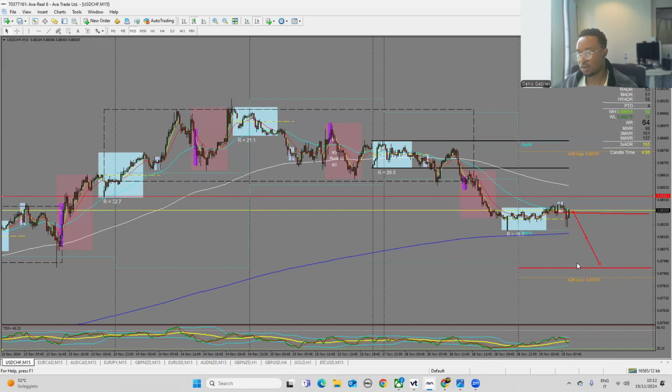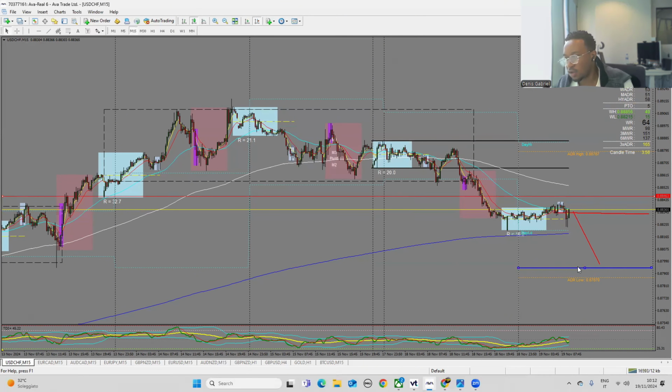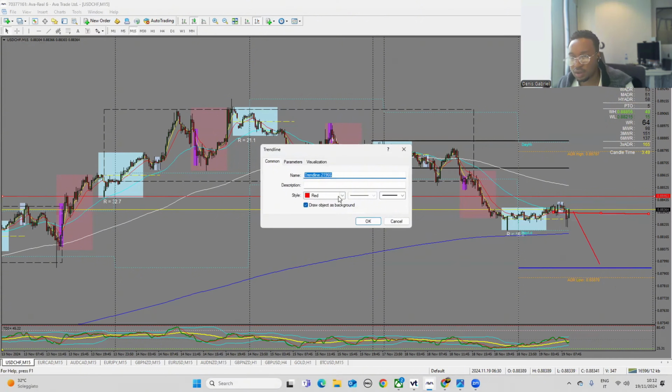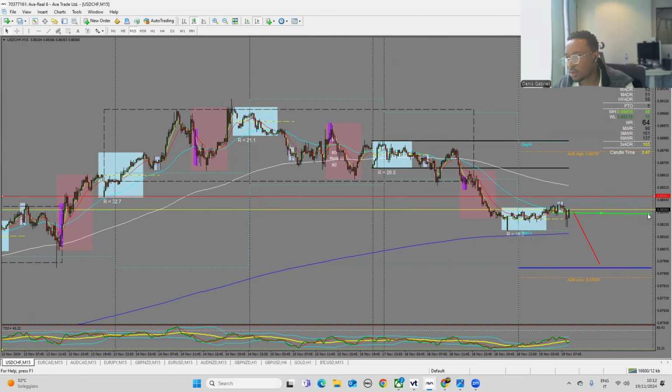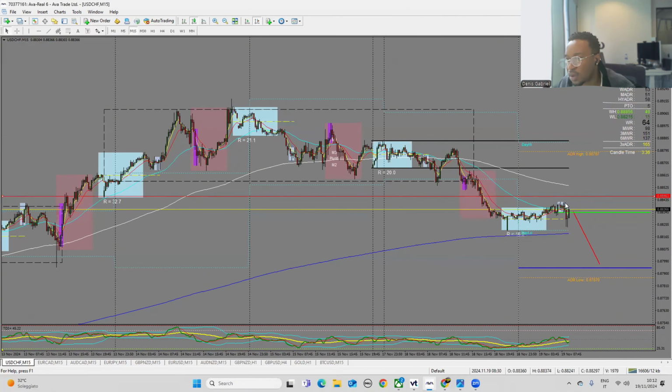So this would be our TP, and this would be our entry. Just make it red, green, or whatever. And this here would be our stop loss.